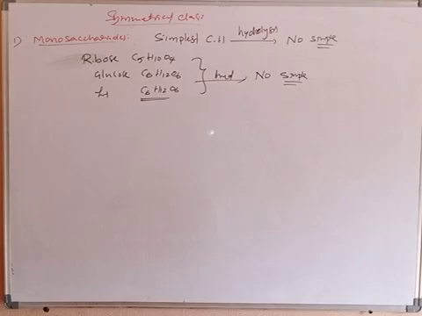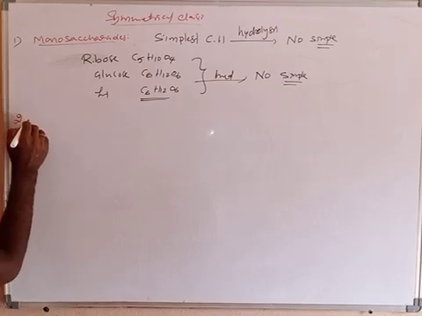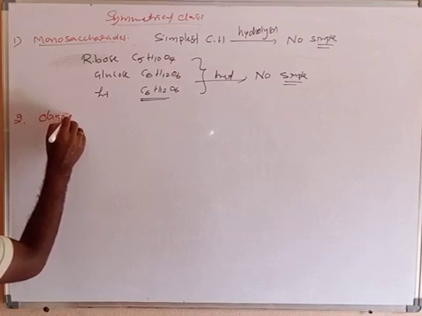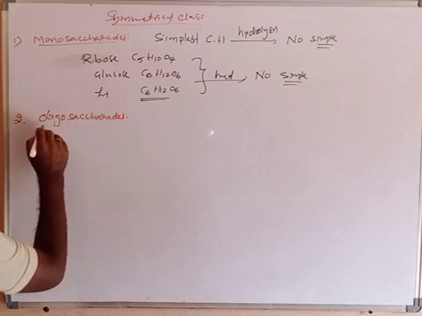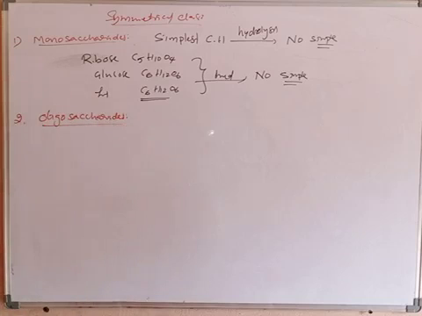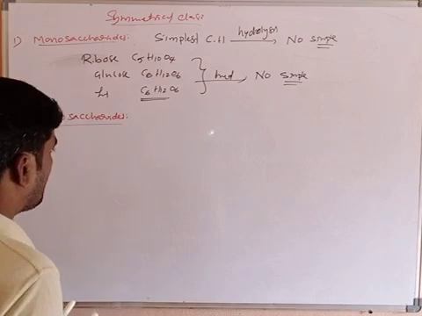Next, the second classification is oligosaccharides. Oligosaccharides are the carbohydrates which produce 2 to 10 monosaccharides on hydrolysis.